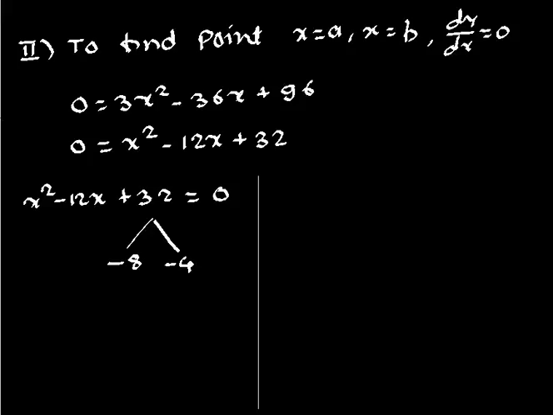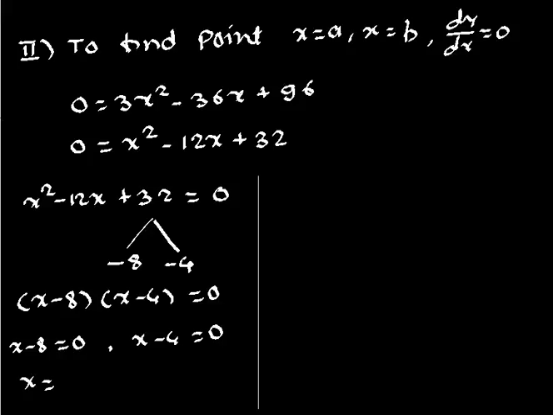If we see, the multiplication is plus 32, minus multiplied by minus, and if we add them it is minus 12. So the equation comes out to be x minus 8 multiplied by x minus 4 is equal to 0. When two terms multiplied become 0, either of them must be 0, so x minus 8 is equal to 0 or x minus 4 is equal to 0. So x is equal to 8 and x is equal to 4. These are the 2 points where the slope of the tangent to the curve is 0. It means the curve is maximum at one of them and minimum at the other.